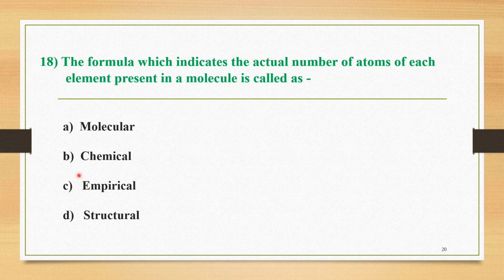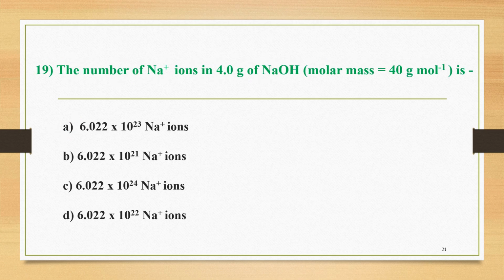And that's why the correct option among these four is option A, that is, it is called the molecular formula. The next question number 19 is here, and the question is: the number of Na+ ions in 4 gram of NaOH, molar mass of NaOH is equal to 40 gram per mole, is.